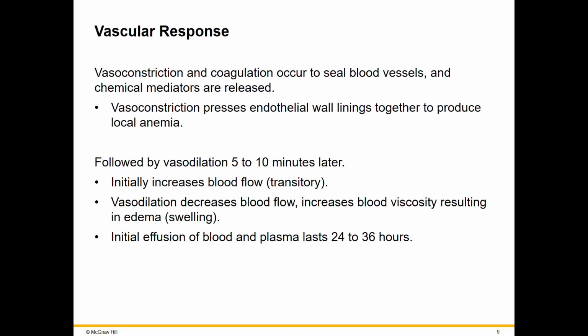This increase in blood flow is transitory and gives way to slowing of the flow in the dilated vessels, thus enabling the leukocytes to slow down and adhere to the vascular endothelium. Eventually, there is stagnation and stasis. The initial effusion of blood and plasma lasts between 24 to 36 hours.